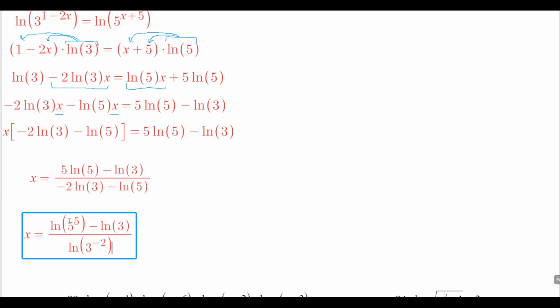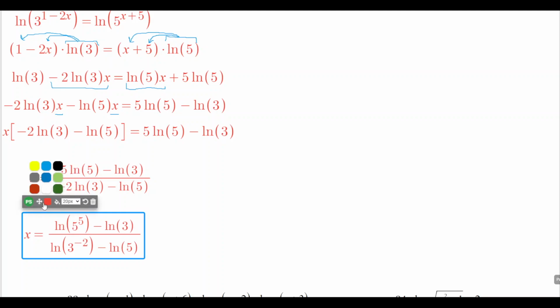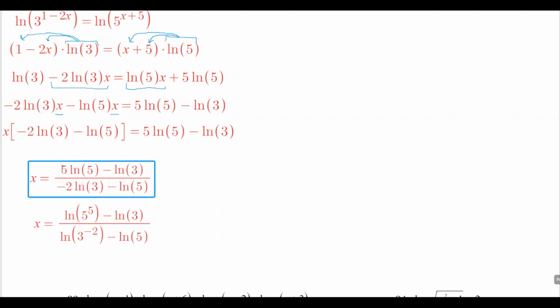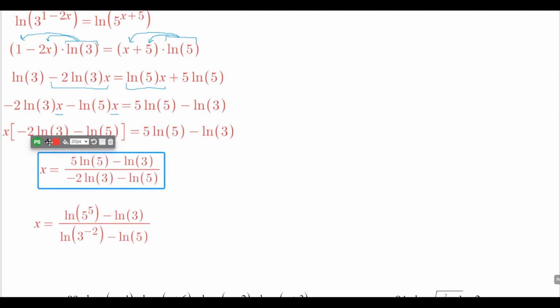So that's really like 1/9 minus the natural log of 5. Okay, I'm going to use one last property here, I believe the quotient property.